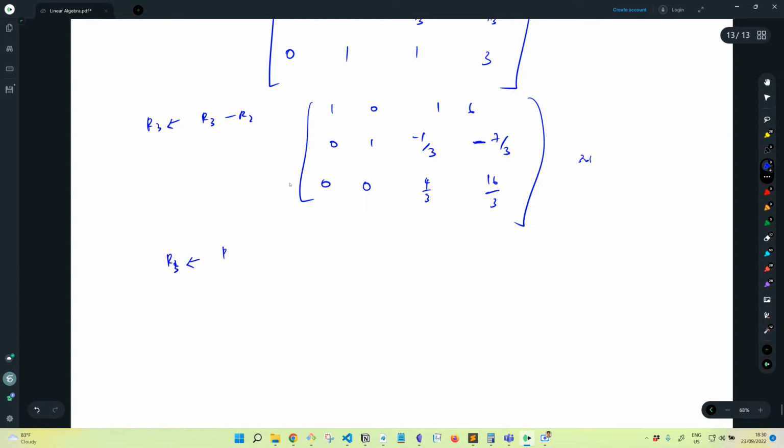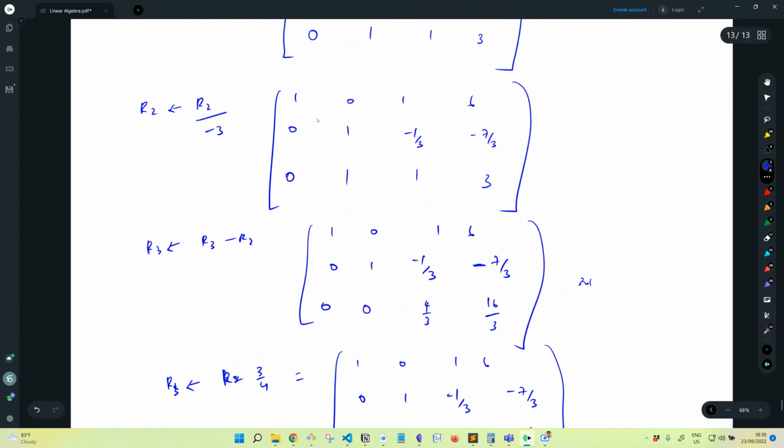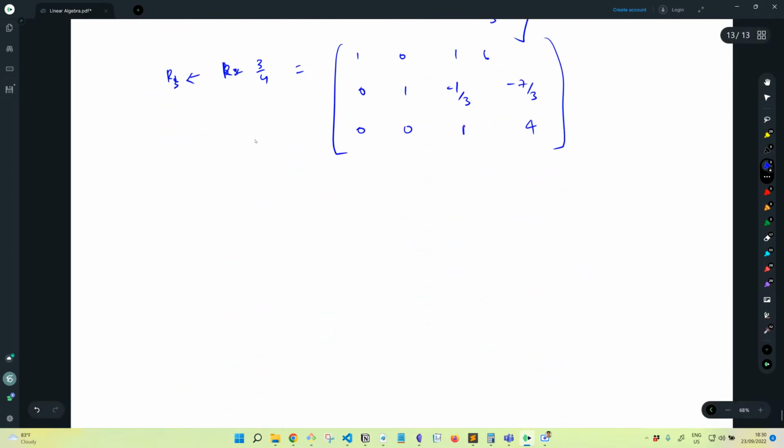Now I need to make this entry 1. So R3 equals R3 into 3 by 4. This will give me 1 0 1 6, 0 1 minus 1 by 3 minus 7 by 3, 0 0 1 and 16 by 3 into 3 by 4 will be 4, right?